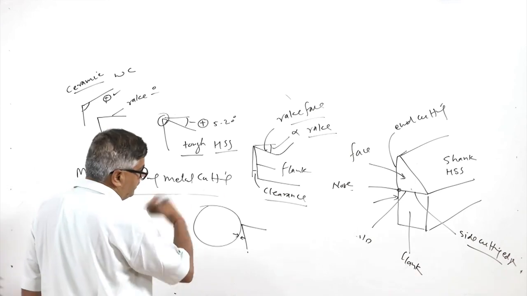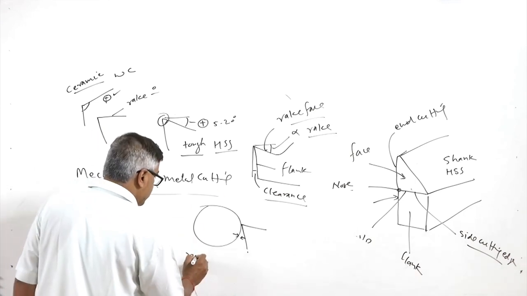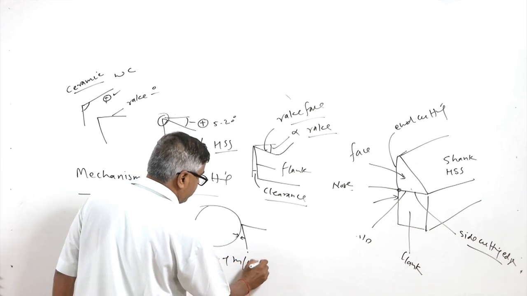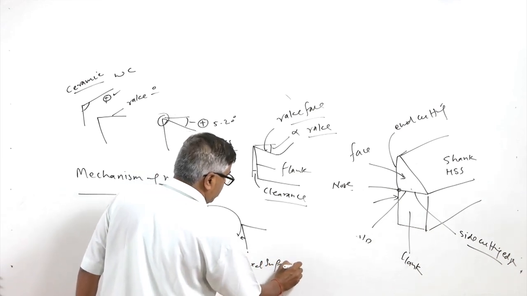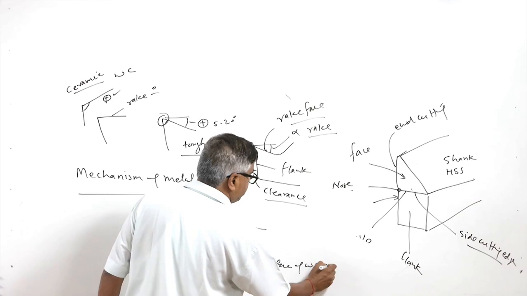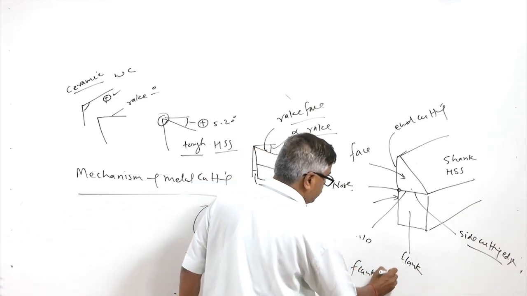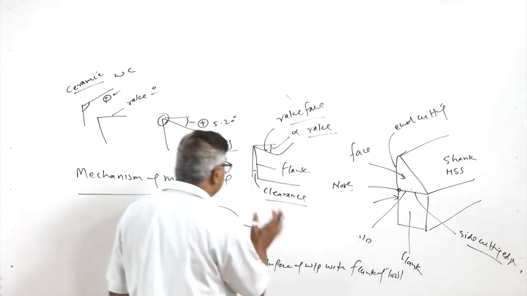So, to avoid the rubbing of the machined surface of the workpiece with the flank of the tool, some inclination is given.